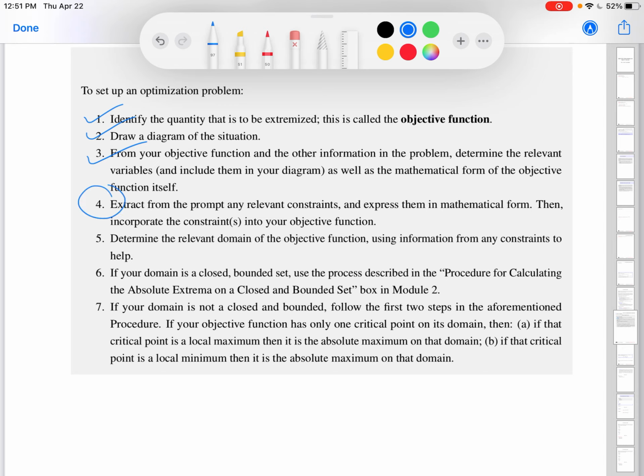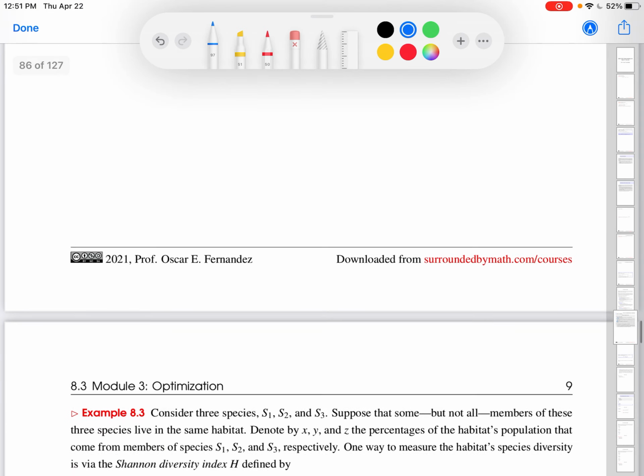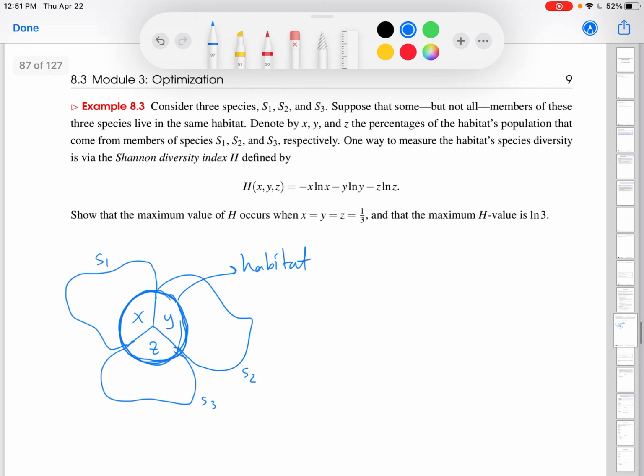So we want to extract the domain, any constraints, and then go to the domain. And then we'll check what type of domain it is. So constraints. Here's where we go back to the prompt of the problem and we go hunting. We aren't given the constraints, but we are given a lot of information. So x, y, and z are percentages of the habitat's population.